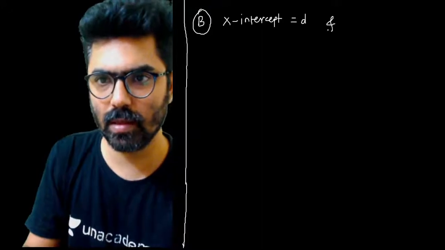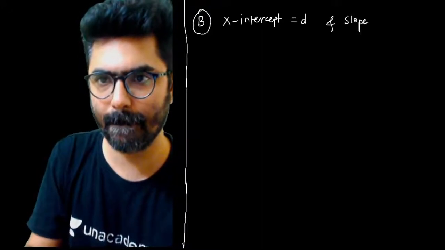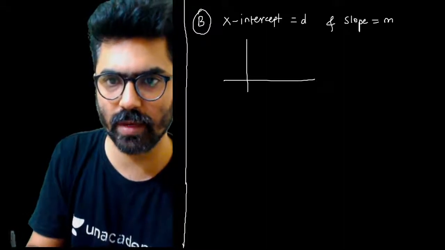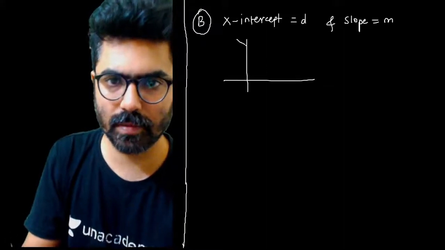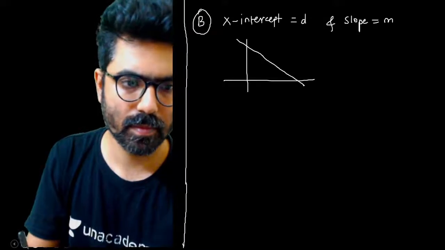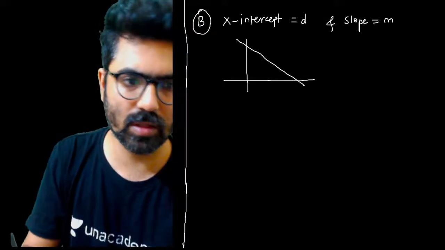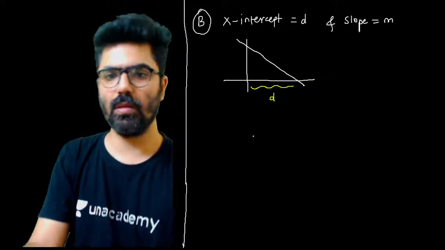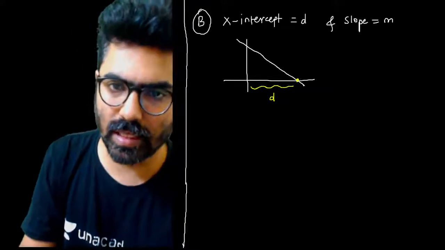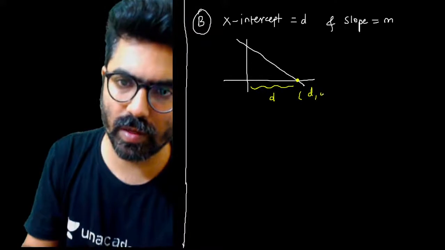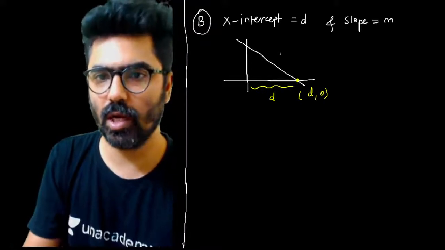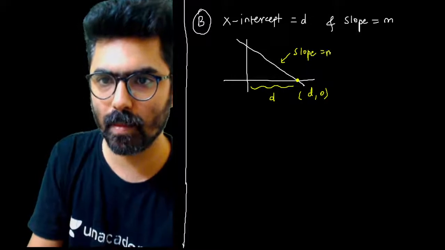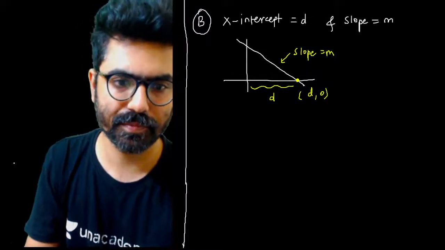X-intercept is D and slope again M. So when the x-intercept is given, it means this length from origin, this part is D. So we can say that this point will be D comma 0. And obviously the slope of this line is given as M.